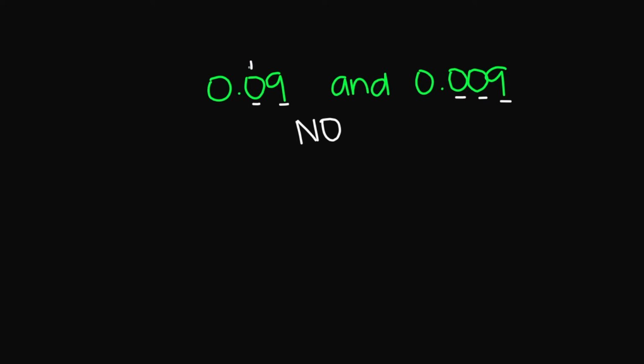This is my tenths place, this is my hundredths place, so this is going to be 9/100. And here, this is my tenths place, my hundredths place, and then my thousandths place, so this is going to be 9/1000. Notice that these two are not the same.